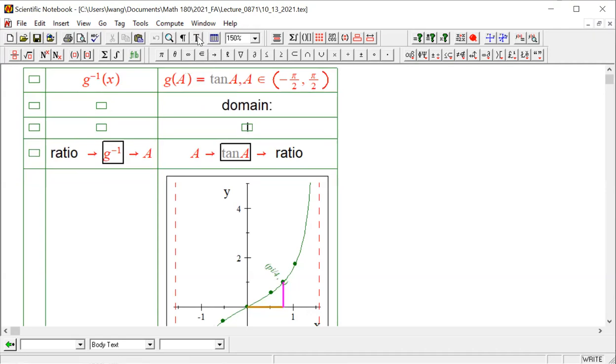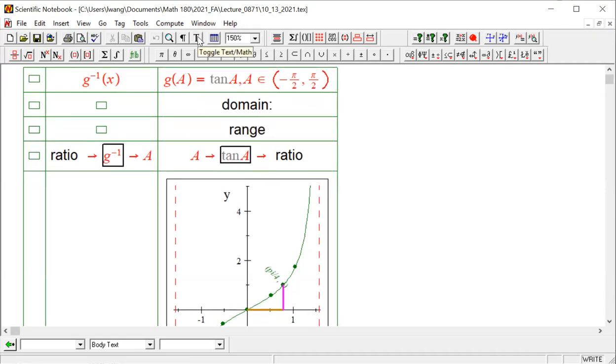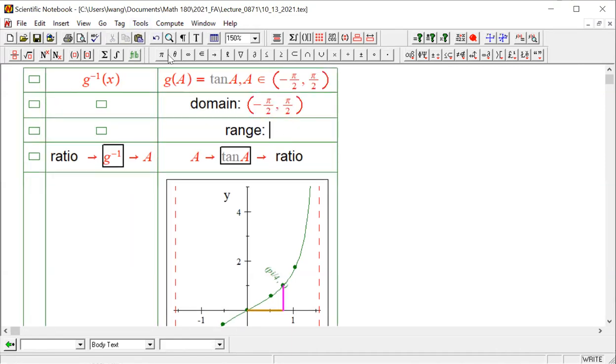Are you guys with me? Am I going too slow? I know I'm going very slow. This is the domain and the range. Please complain if I'm too slow.